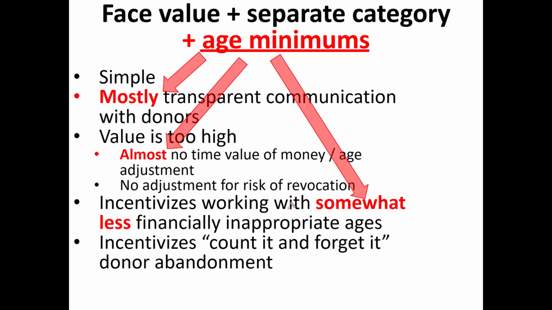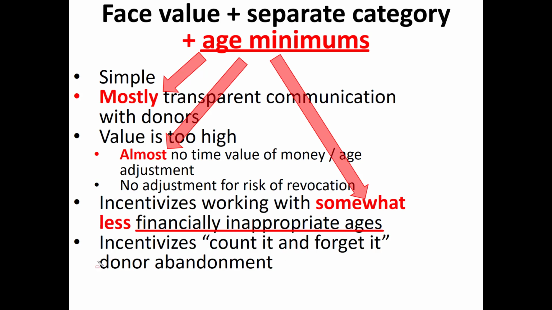But the advantage it does have is that it is somewhat less of an incentive to work with financially inappropriate ages. So you don't have people spending time with 30-year-olds and 40-year-olds and counting that at face value, and those people getting the same credit as people working with 80-year-olds and 90-year-olds. So it does help with this, and that's the main reason, I think, to do it.